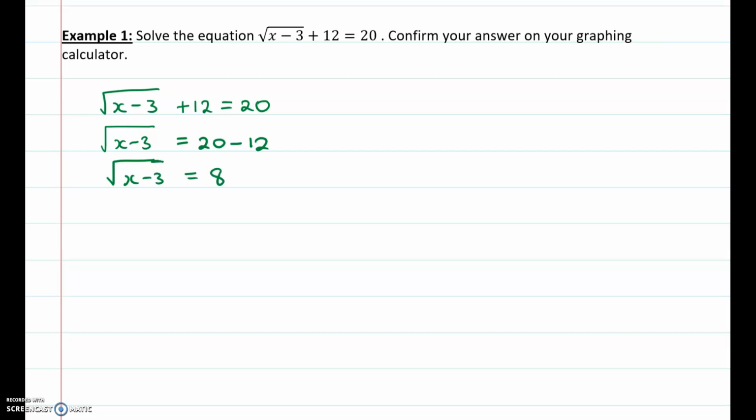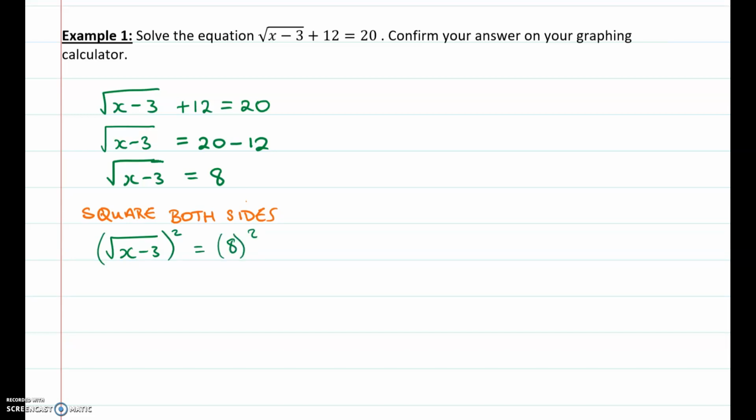Now, once we've got the square root on its own, at that point, what you do is you square both sides. Okay, but you have to wait until the square root sign is on its own before you do that. So if we do that, this is what the next line is going to look like. Square root of x minus 3 squared is equal to 8 squared.